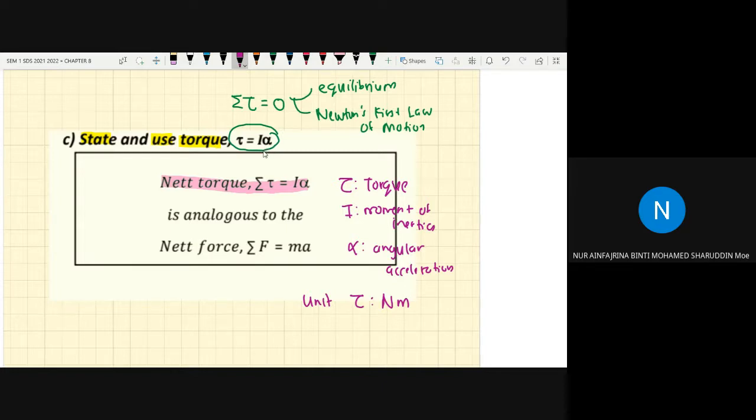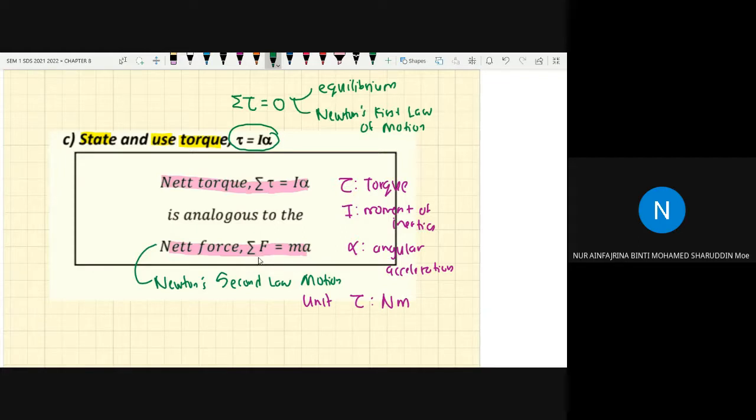It is analogous to net force, which is F equals ma, Newton's second law of motion. The difference is that when we use torque, we know the object is in rotational motion, but when we use F, the object is in translational motion. So you need to differentiate between these two.